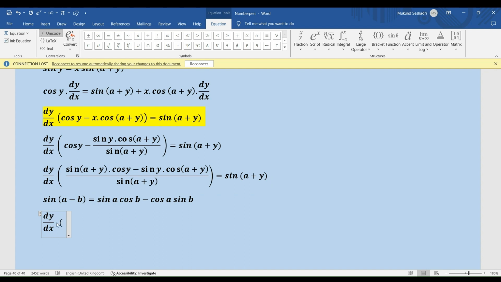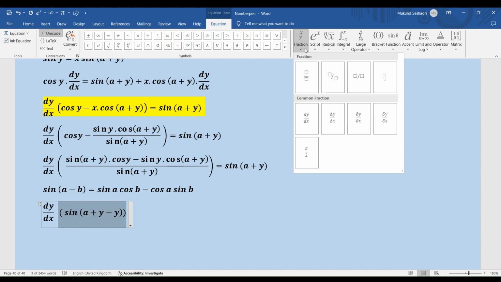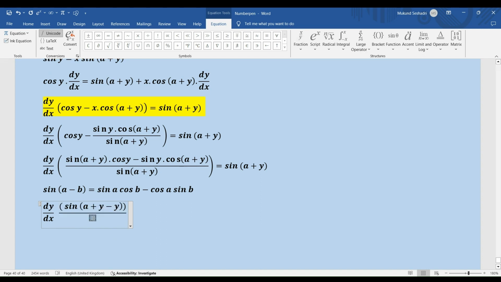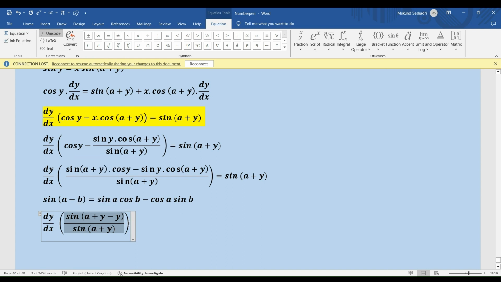When I write it using the formula sin(A minus B), what is my A here? A + y. And what is my B here? It is nothing but y. And remember, folks, we still have our sin a in the denominator, right? All this becomes equal to sin(a + y), right?